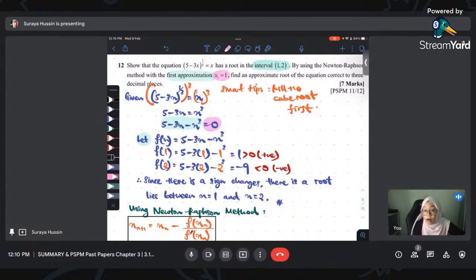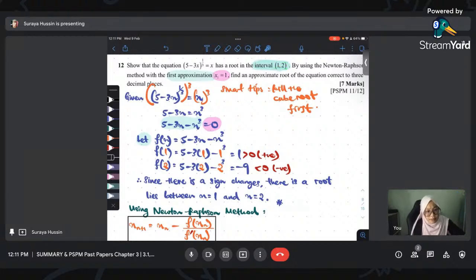Kita dah tak ada x0. Our starting approximation adalah x1, bukan lagi x0. Use what you have. Use what you need to use. Okay, jangan sesuka hati pakai sendiri punya approximation. Kalau soalan tak bagi, barulah kamu create sendiri a number between these 2 points.